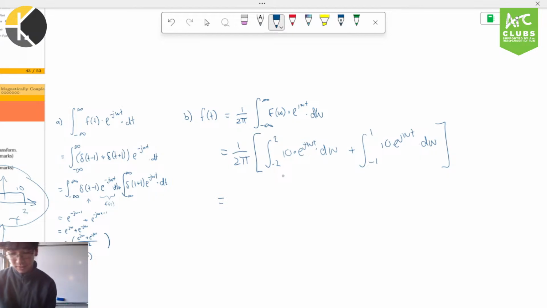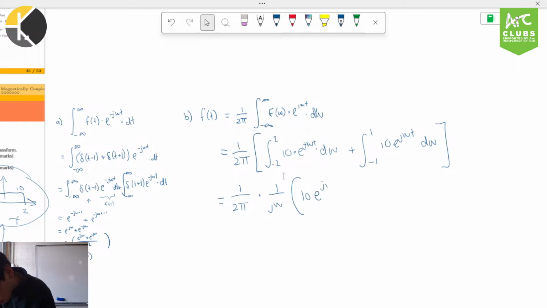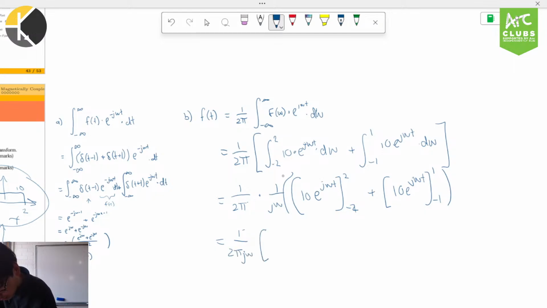Integrating that, we have 1 on 2 pi, 1 on j omega, then we have 10 of e to the j omega t, where we sub in 2 and -2. And then this other one, we have the same thing between 1 and -1. Cool. So that gives us 1 on 2 pi j omega. Bring out the 10 as well.